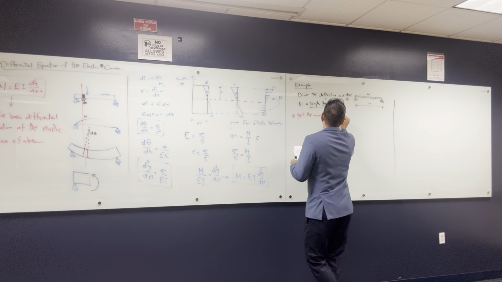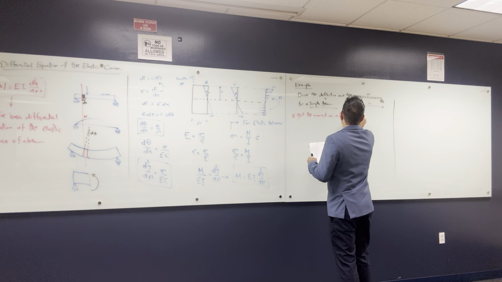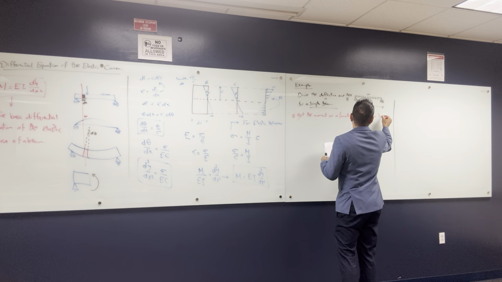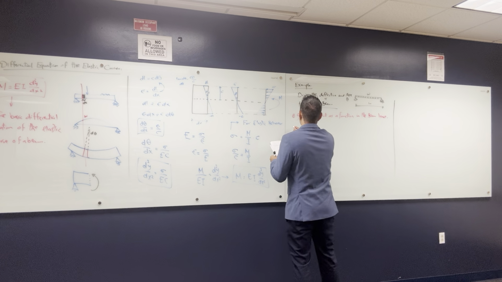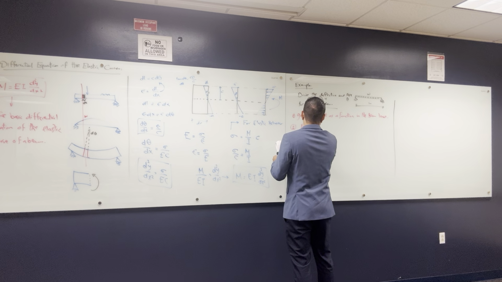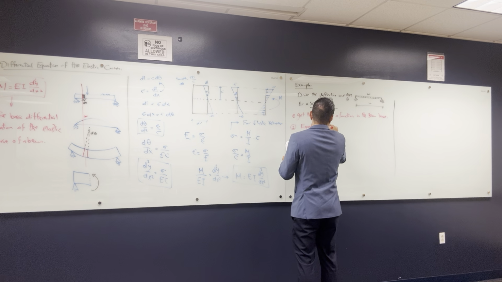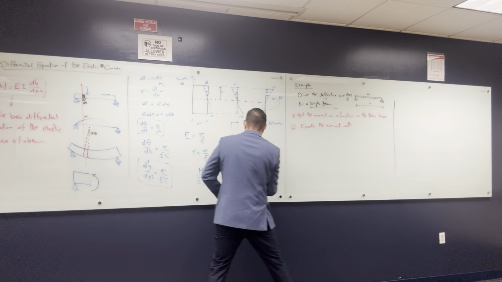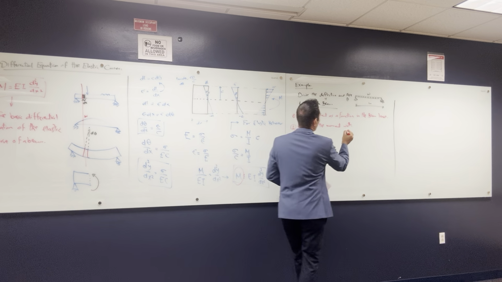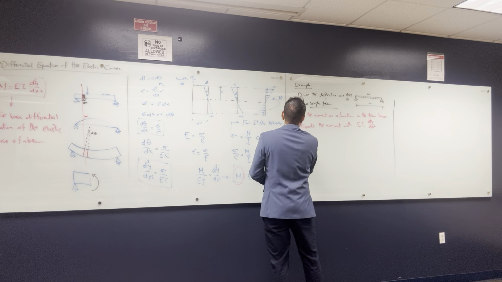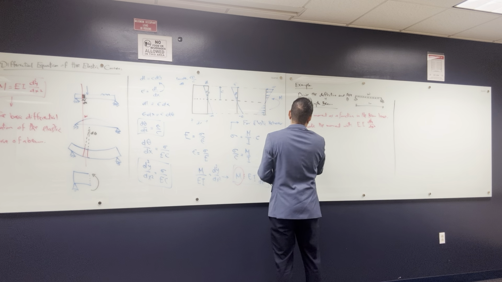Number 2, equate the moment with EI multiplied by d squared y over dx squared. And number 3, integrate twice.